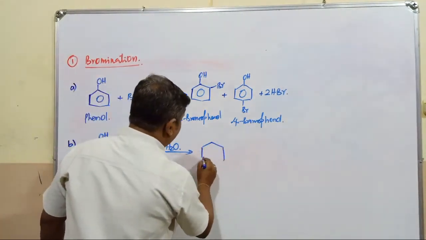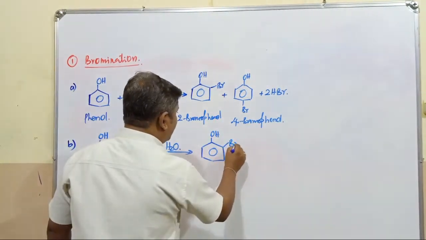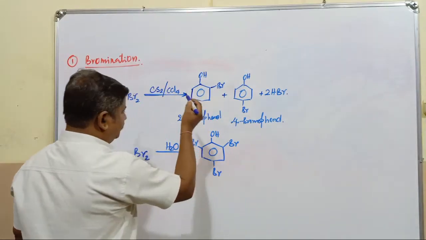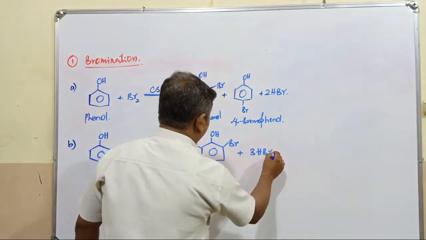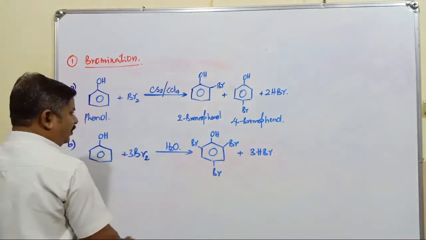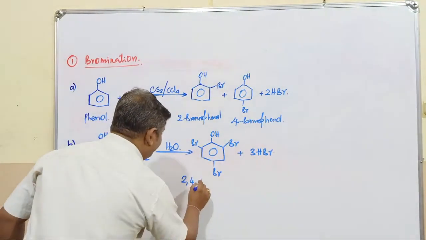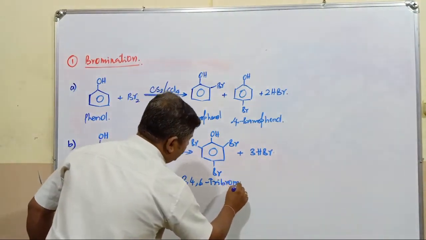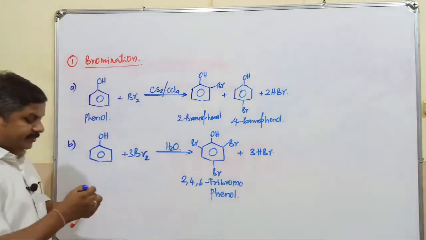The product obtained in this reaction is, this is OH, this is Br, this is Br, this is again Br, plus 3 moles of HBr. This is 3 moles of bromine and the compound is going to be 2,4,6-tribromophenol.